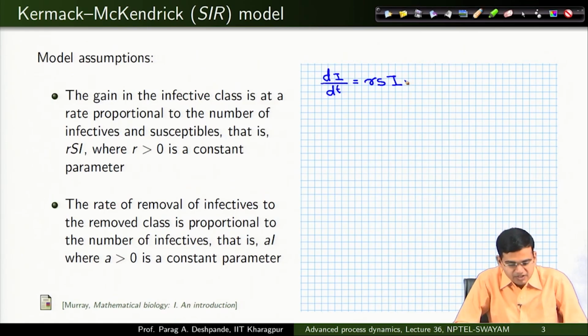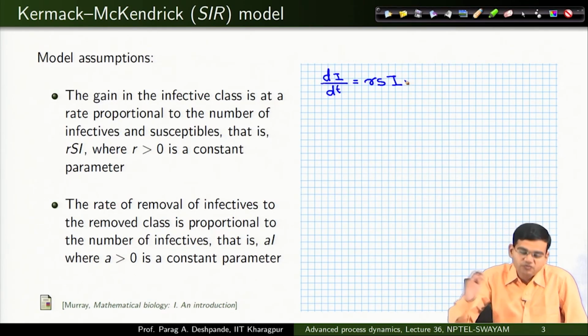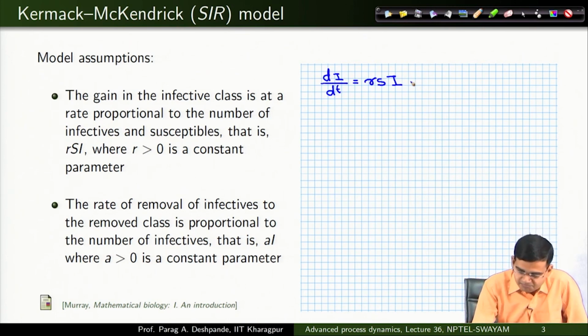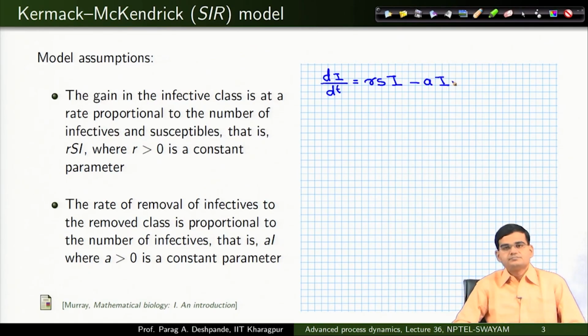So, the rate of removal of infectives to the removed class, I to R, would be proportional to the number of infectives, and the associated constant is A. So, I can write this as minus A I. Now I have an equation: dI/dt is equal to R S I minus A I.